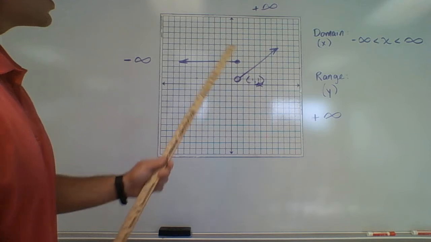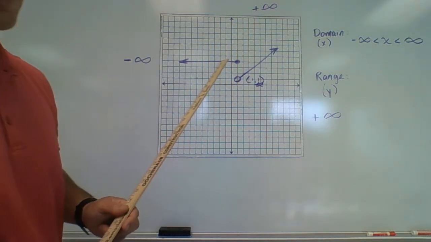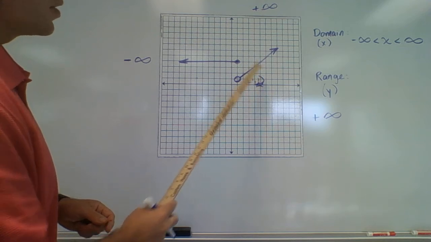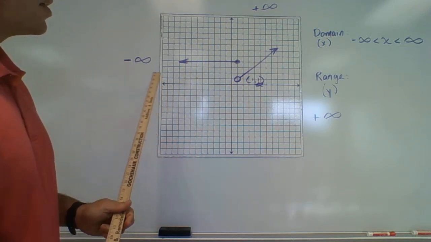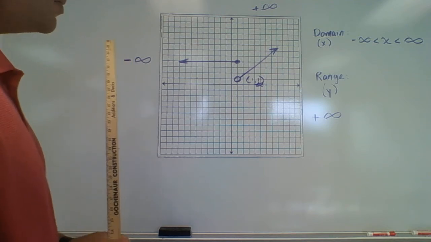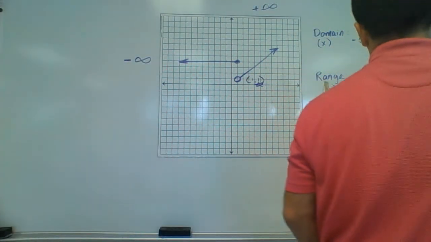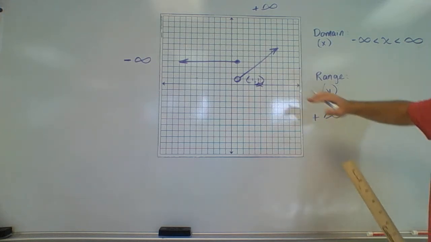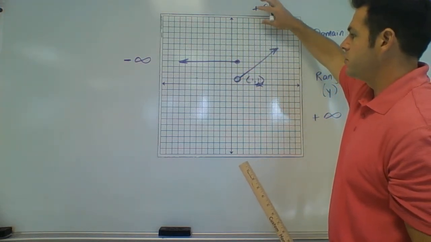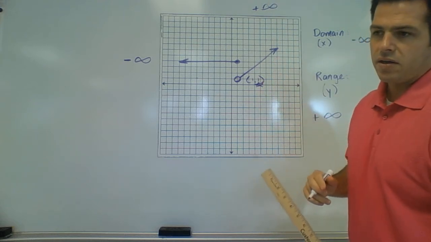So we know that we're going all the way to positive infinity, and we're stopping at the number 1 for y. The way we write that in interval notation is that we have available every single point above y being 1.